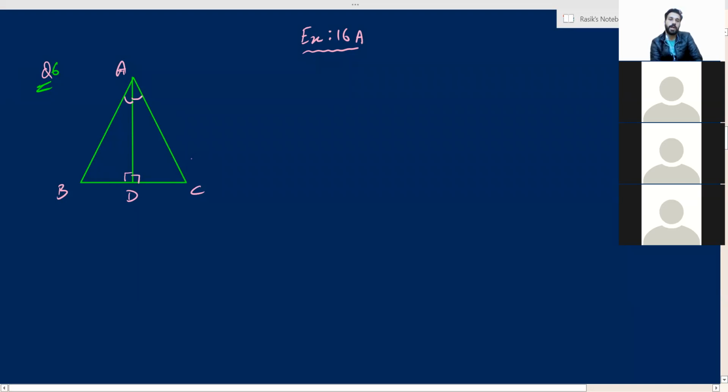Now we have to show that triangle ABC is isosceles. What is an isosceles triangle?